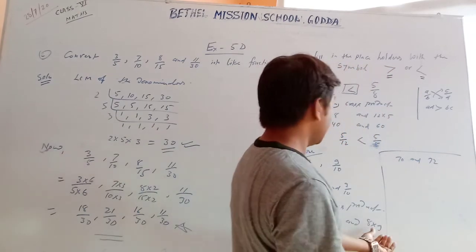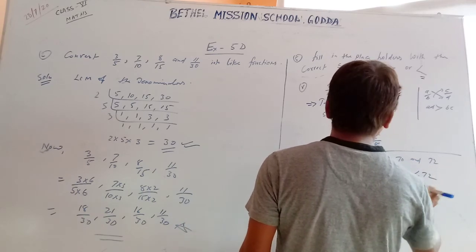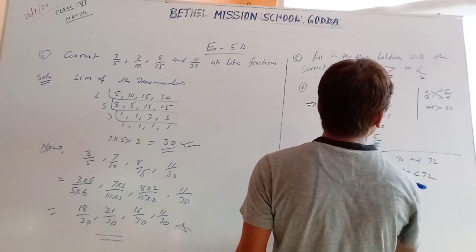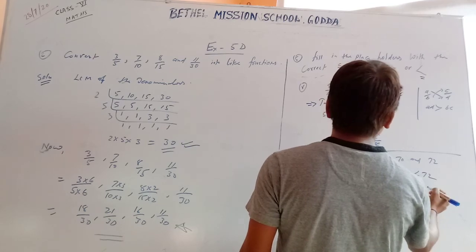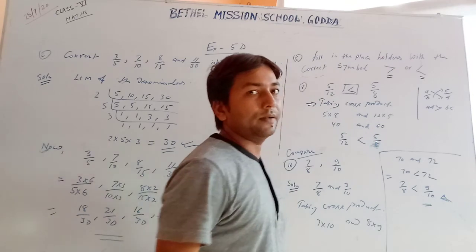Which is greater? This part is greater, so we write 7 upon 8 is less than 9 upon 10. This is the comparison.